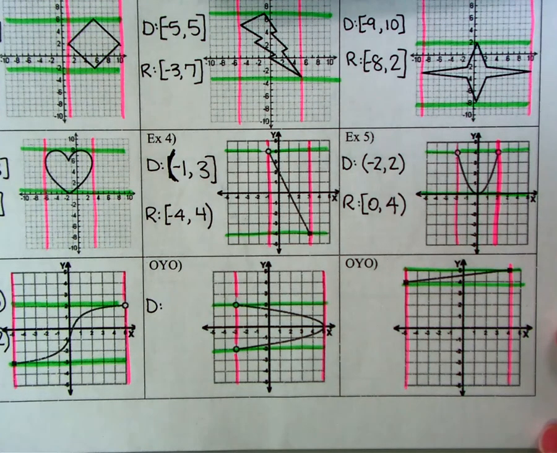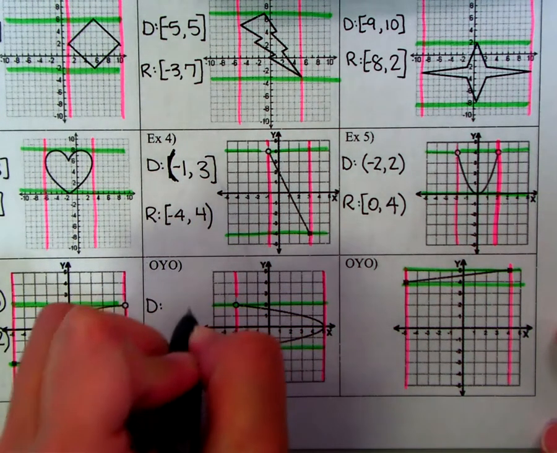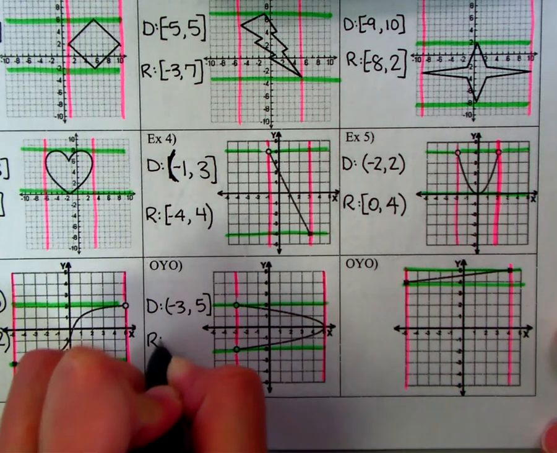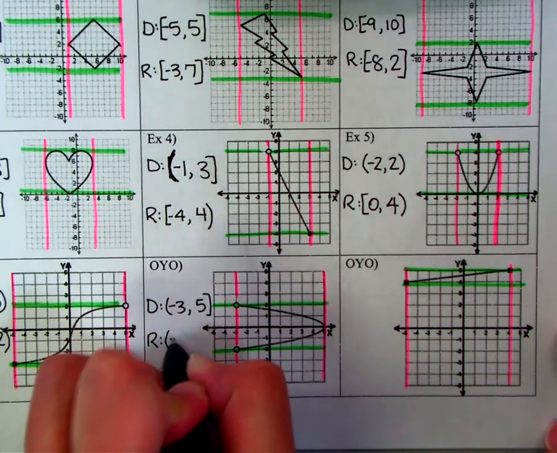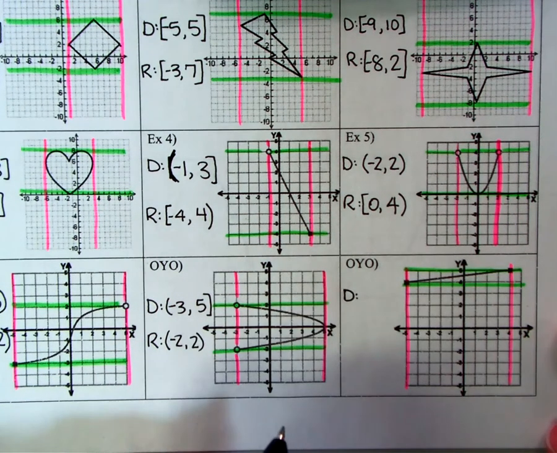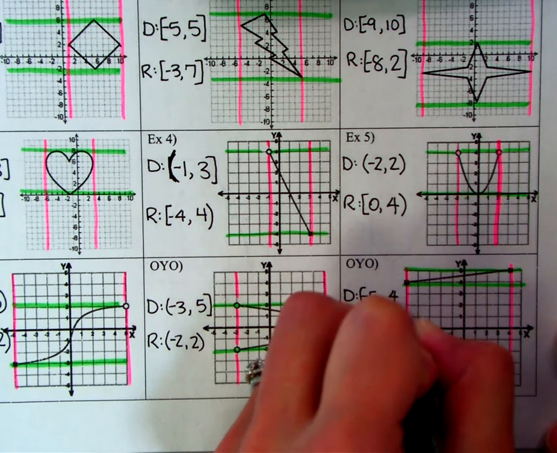So domain for this one, we've got -3 to 5. -3 should have parentheses, 5 should have a bracket. And then my range, I've got two open circles, so it goes from -2 to +2 with parentheses. On the next one, my domain is -5 to +4, both with brackets.